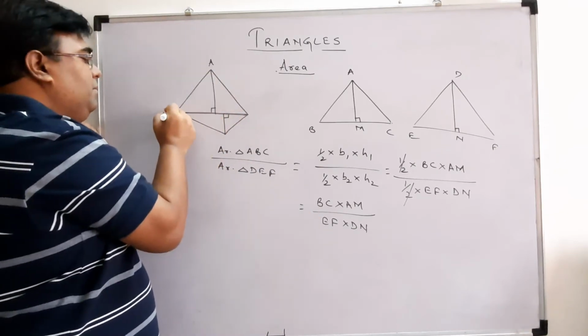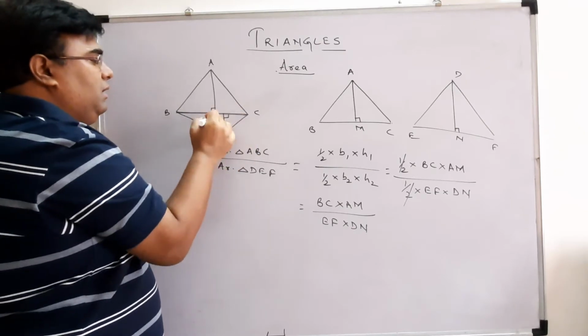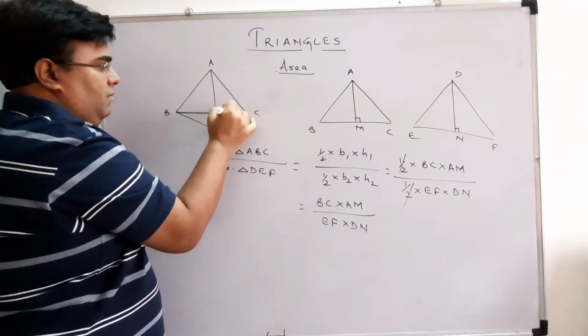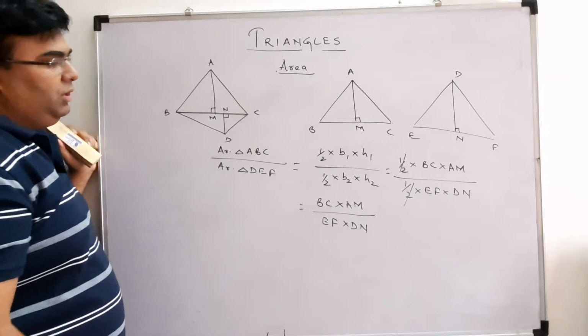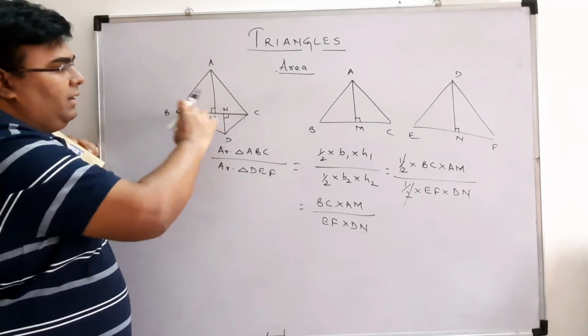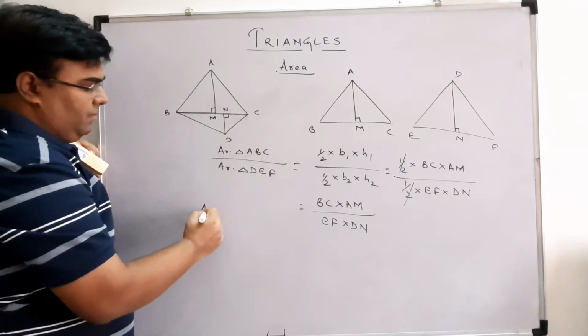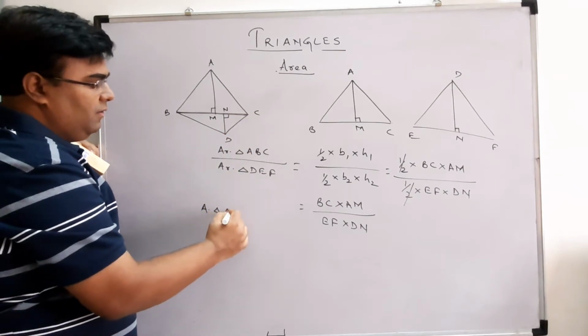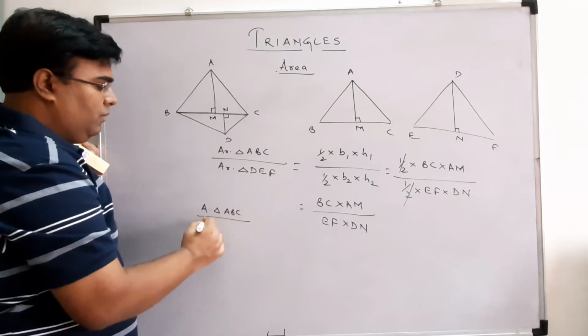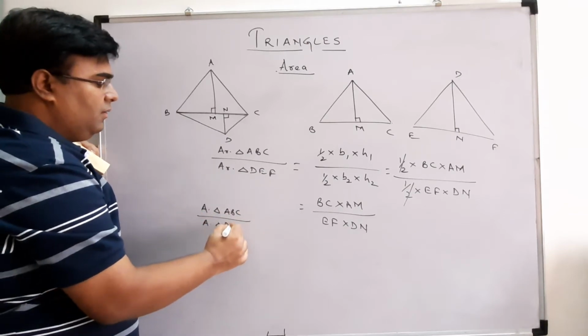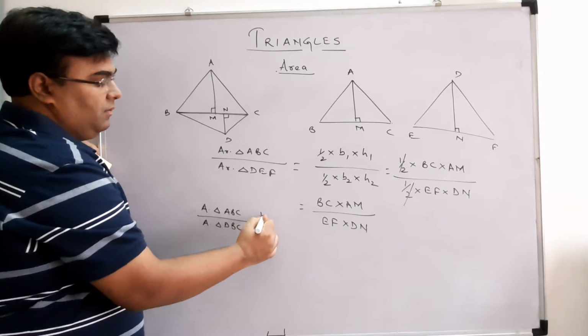So A, B, C, D. Just look at the area of triangle ABC and the area of triangle DBC. Area of triangle ABC upon area of triangle DBC. It will be what?